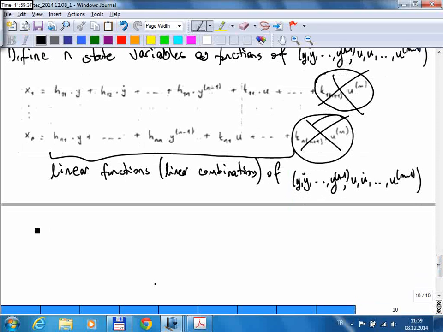I can make a huge x vector, x1, x2, all the way up to xn on the left hand side.